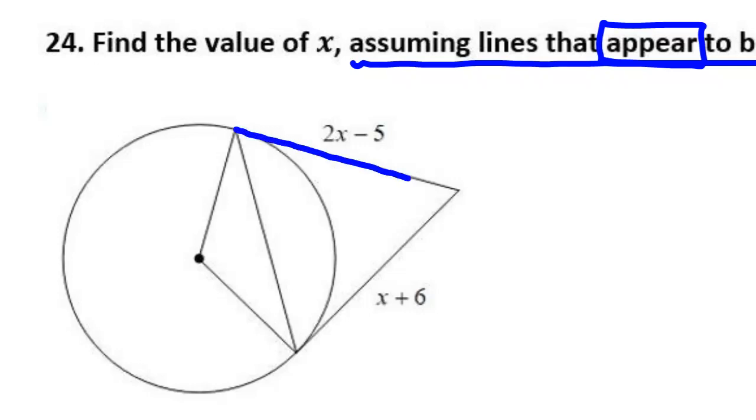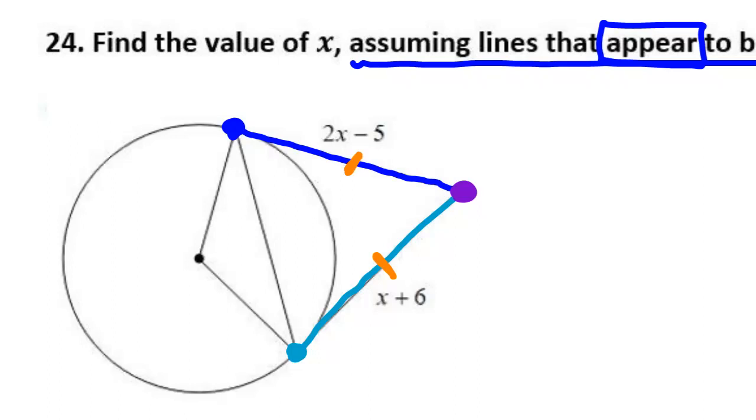This tangent line right here hits the circle right here. And this tangent line right here hits the circle right here. They come from the same point. They have the same origin here. That means that these two tangent lines are congruent to each other.